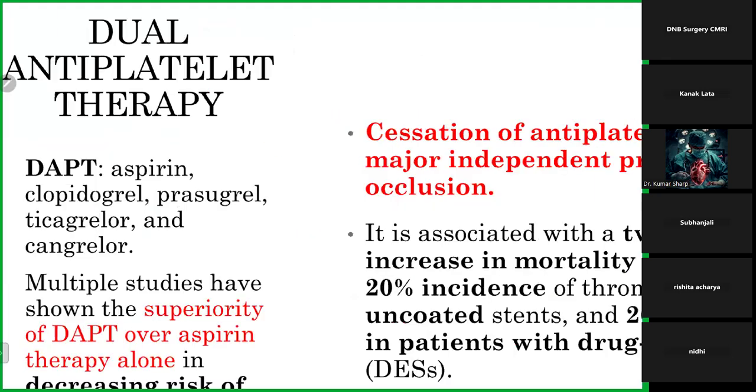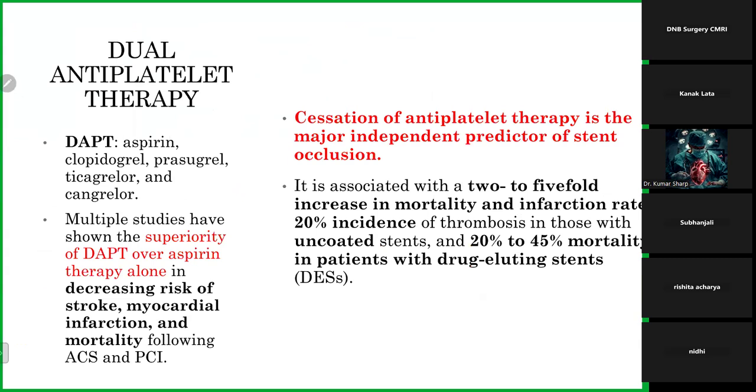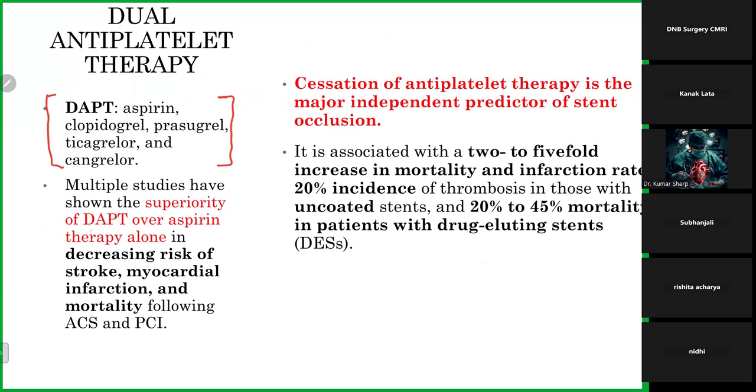Now, we have a short description on the dual antiplatelet therapy. The dual antiplatelet therapy will have a combination of these particular drugs, which are commonly available: aspirin, clopidogrel, prasugrel, ticagrelor, and cangrelor. The advantage of dual antiplatelet therapy over aspirin monotherapy is that there is a much lesser risk of stroke, myocardial infarction, and mortality.